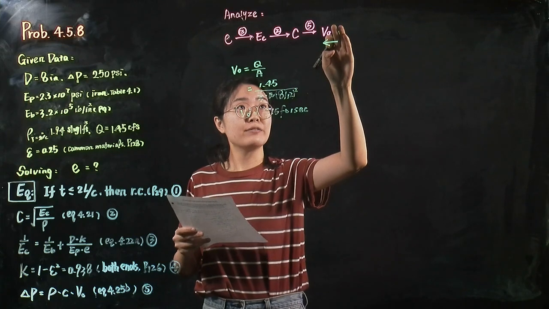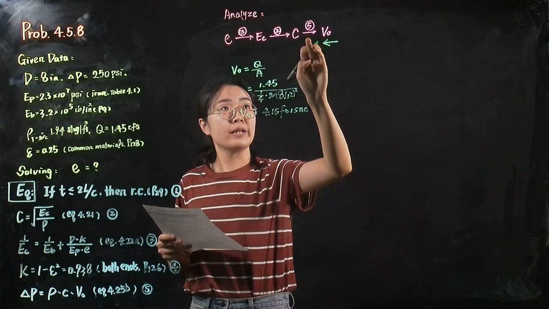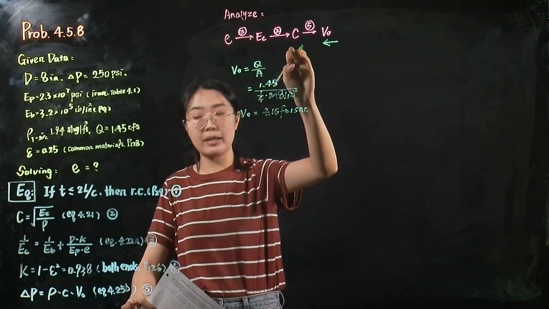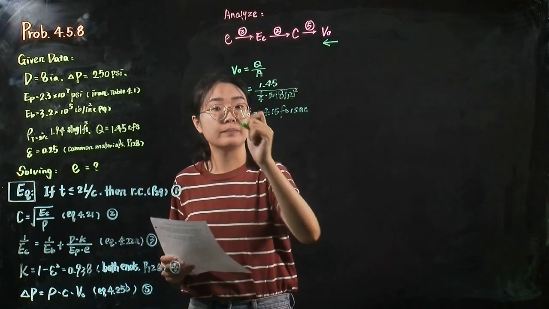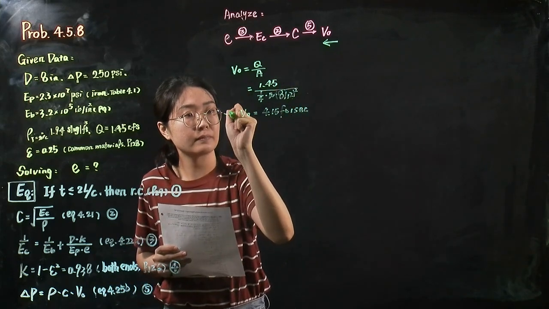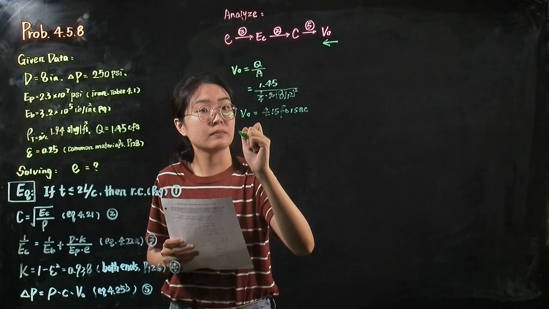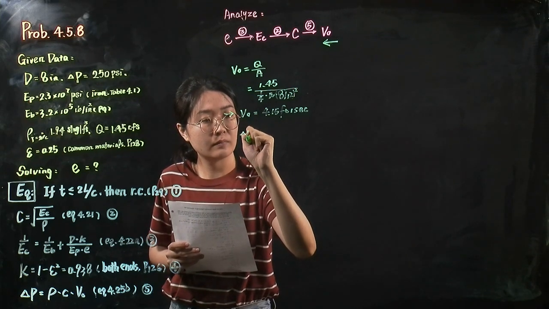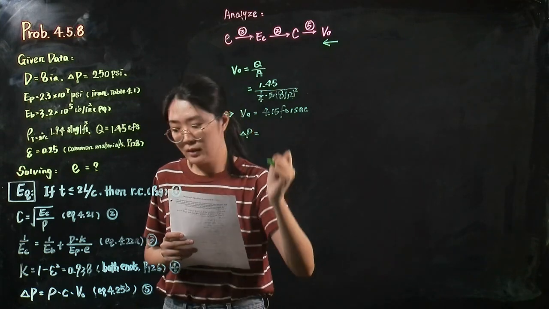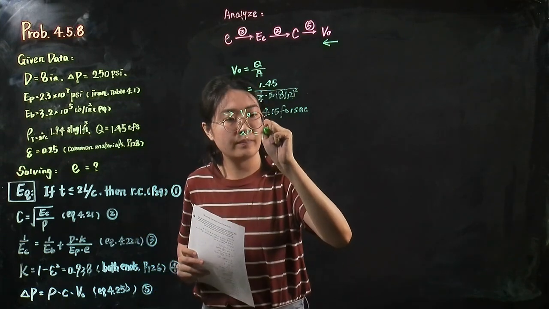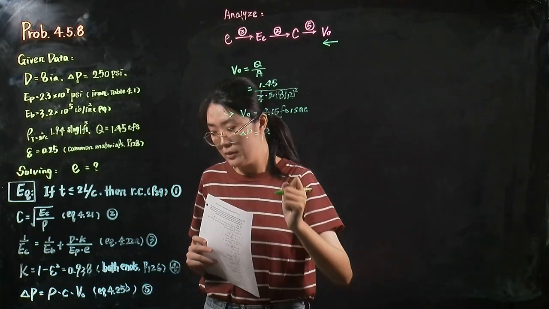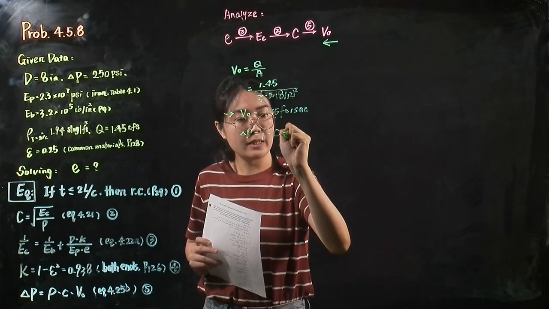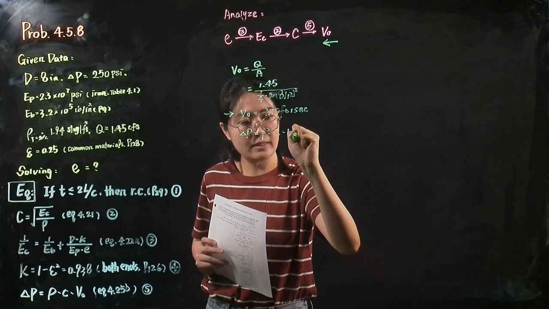So currently we have the velocity, and then we bring it back to equation 5 to calculate the celerity. Delta P equals the density times the celerity times the velocity.